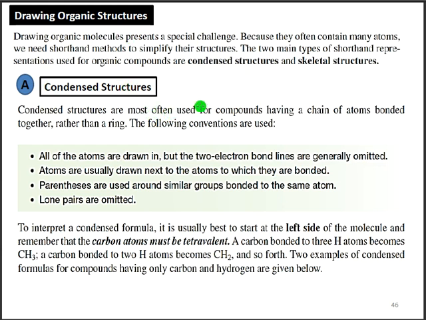Now the condensed structures are most often used for compounds having a chain of atoms bonded together, rather than a ring. The following conventions are used. All the atoms are drawn in, but the 2 electron bond lines are generally omitted.